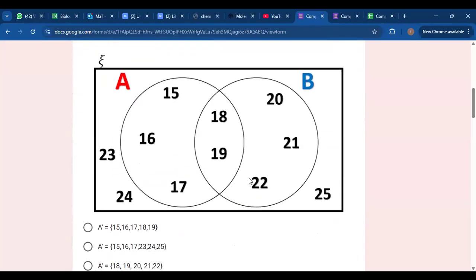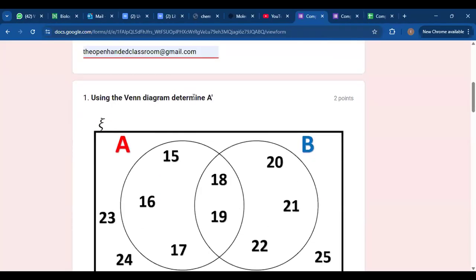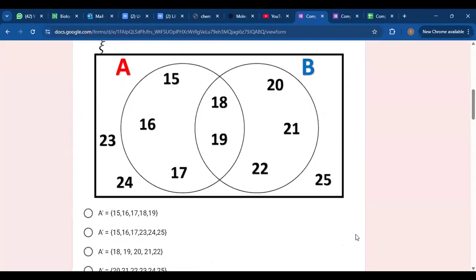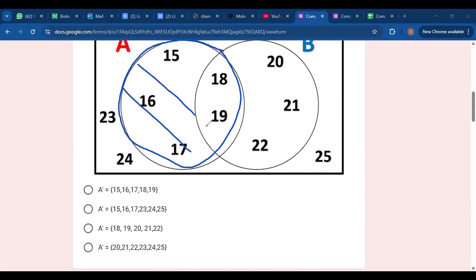Okay, so for this one, they want us to find the what? The complement of A, right? Remember, for the complement of A, we cannot include anything inside of A. So we do not include any of this.